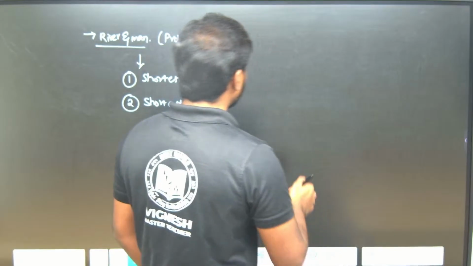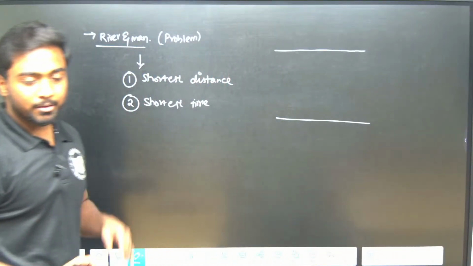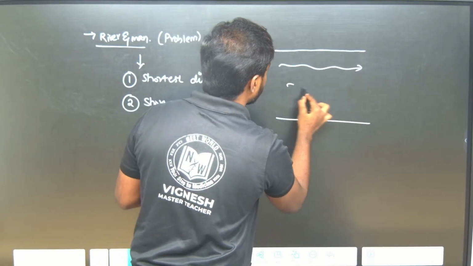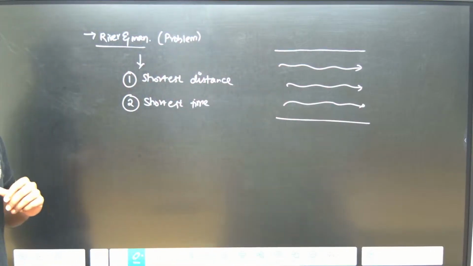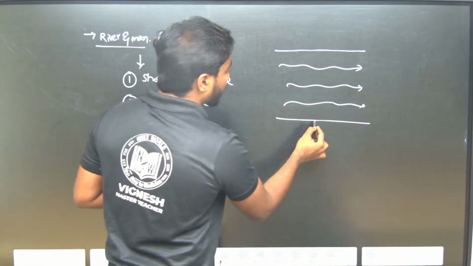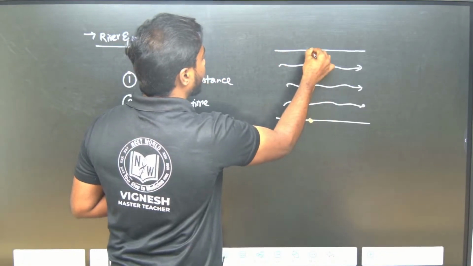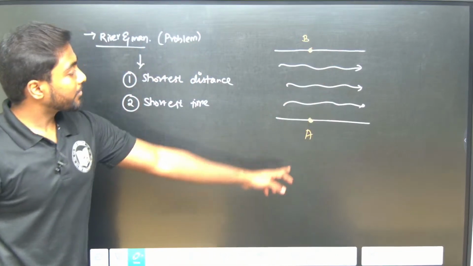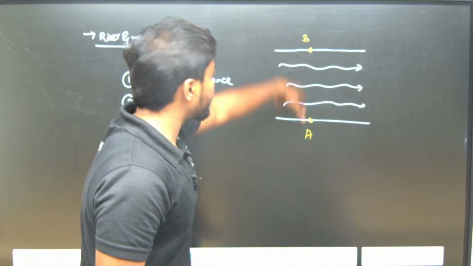Okay, before that I'll give a glance over what we are going to see. So listen carefully. Suppose now the river is flowing in this direction. Now I am trying to cross the river from point A to point B. This is my point A and this is my point B. If the river is not flowing, I can walk straight and cross in a straight manner.